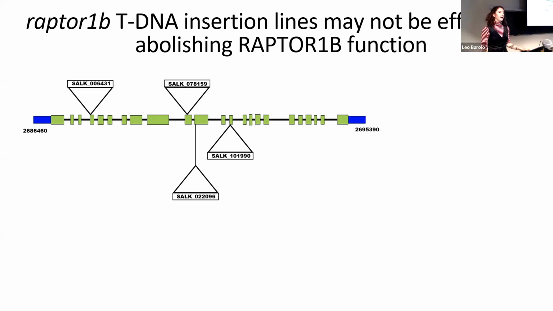We really don't know that much about how tDNA insertion affects the functioning of genes. There are many weird things that happen with these sorts of lines, like inversions and relocations. So I don't think it's enough to say that because we have a tDNA insertion in this gene that it's knocked out for sure.